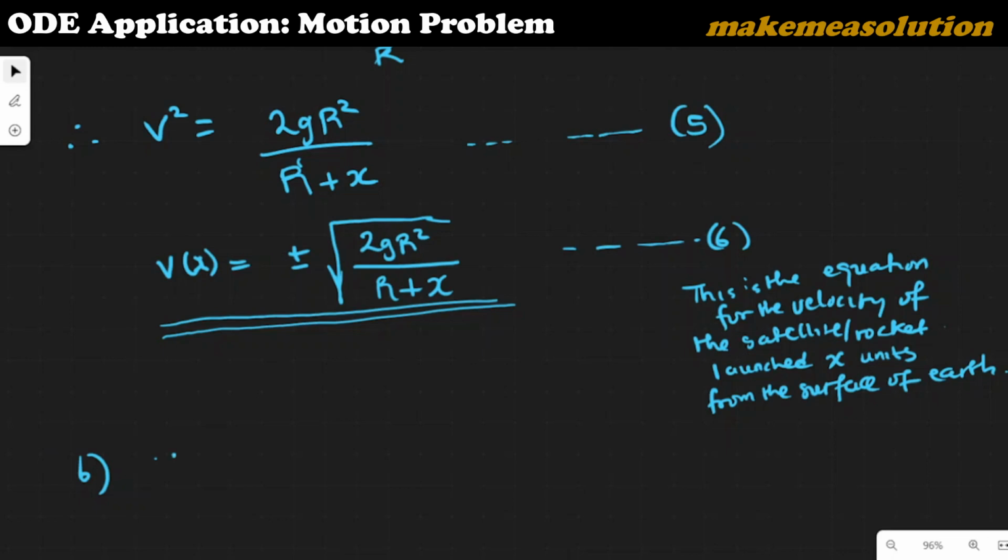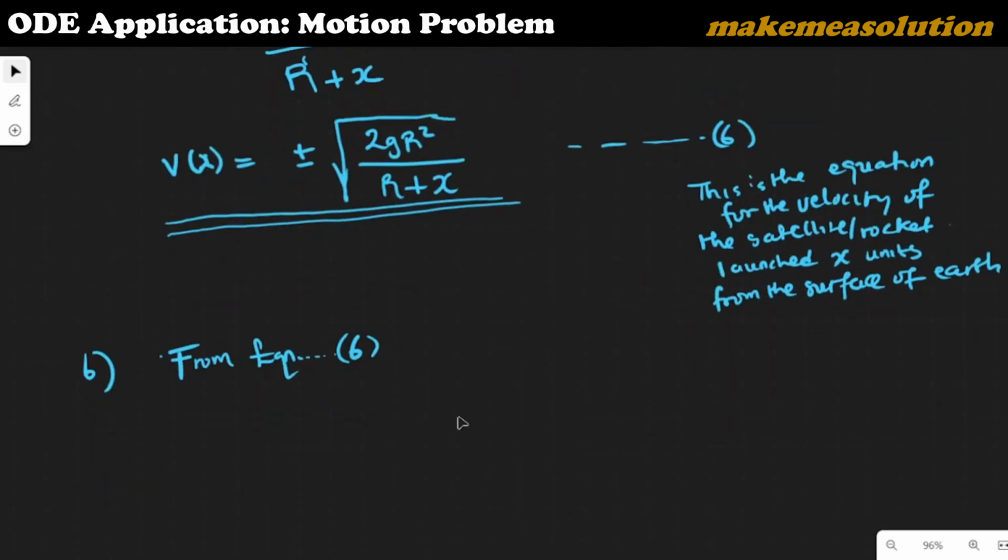So from equation 6, now permit me to remove the plus and minus from equation 6. V is given to us as the square root of 2gr squared all over r plus x.